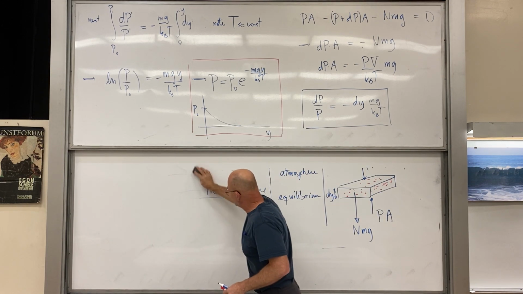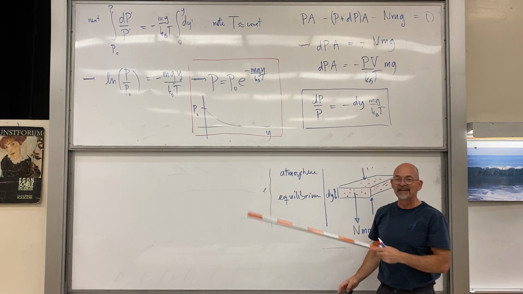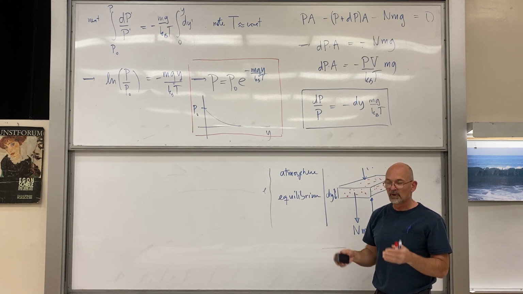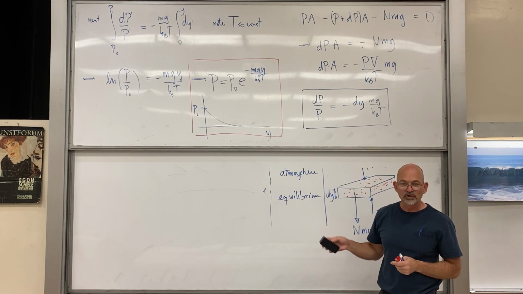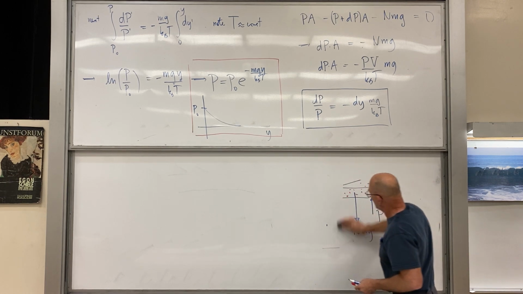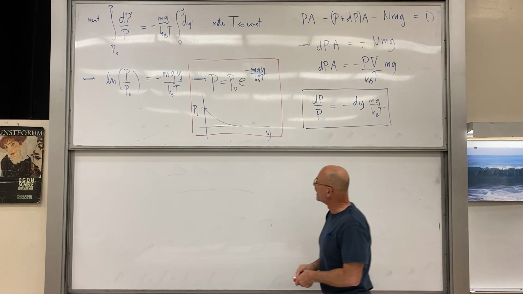Namely, what we have is the pressure is decreasing with altitude, the density is also decreasing, and the number of particles per unit volume is also decreasing. So that's what we're going to do next. Again, we're making use of the fact that temperature is almost constant.